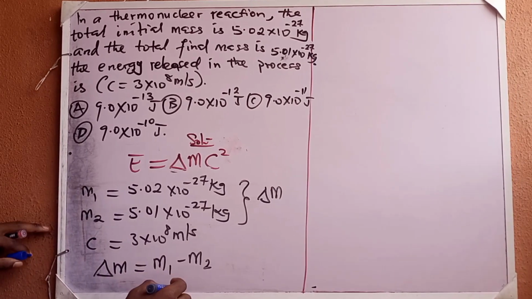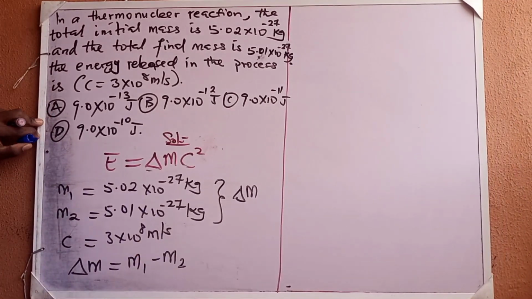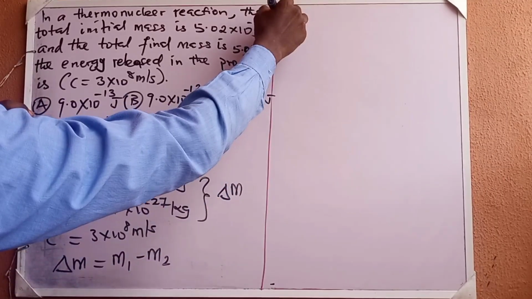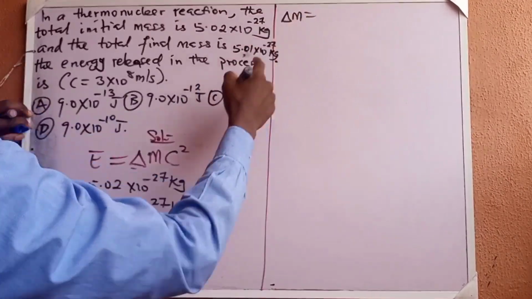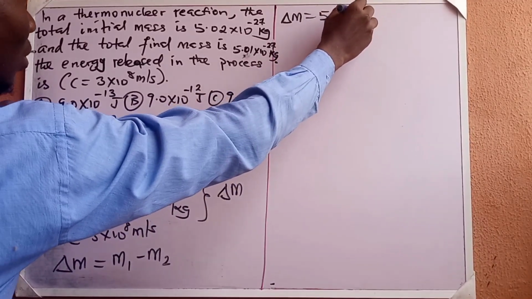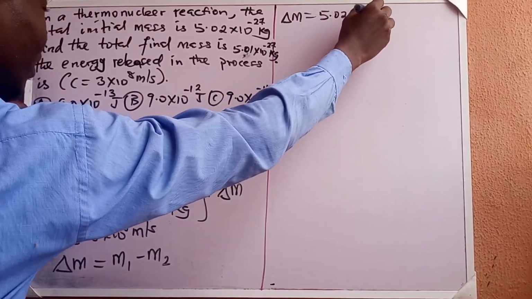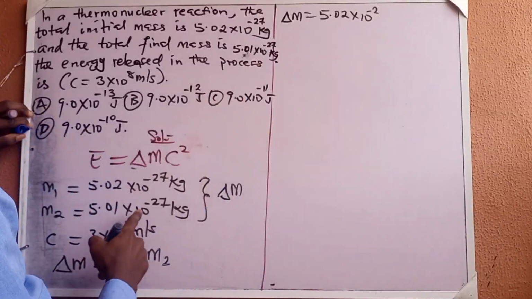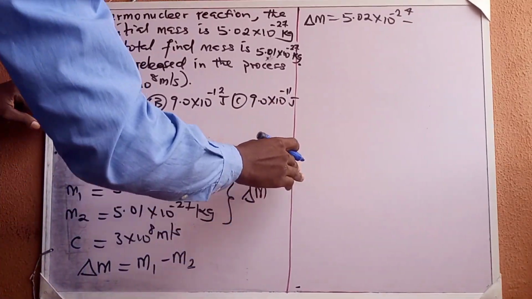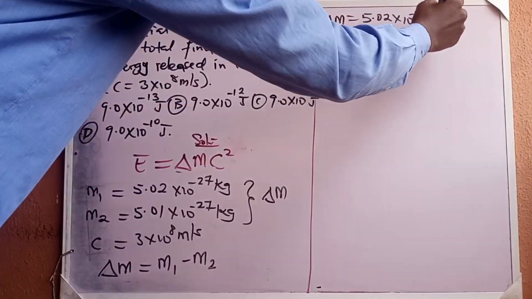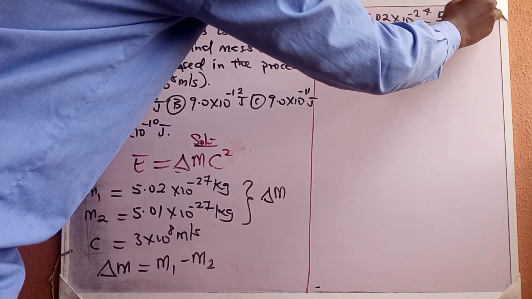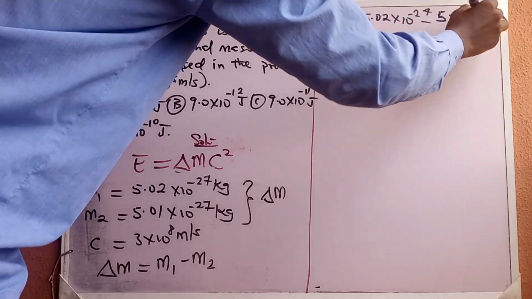Our M1 is 5.02 multiplied by 10 to the power of negative 27 minus M2, which is 5.01 times 10 to negative 27 again.